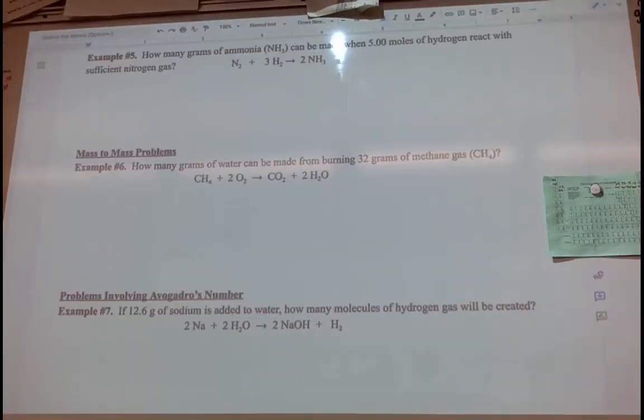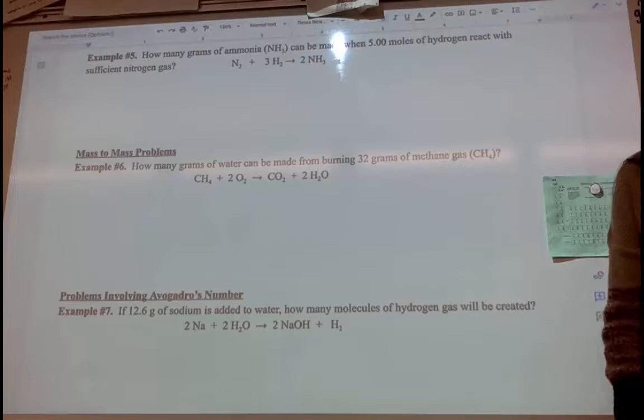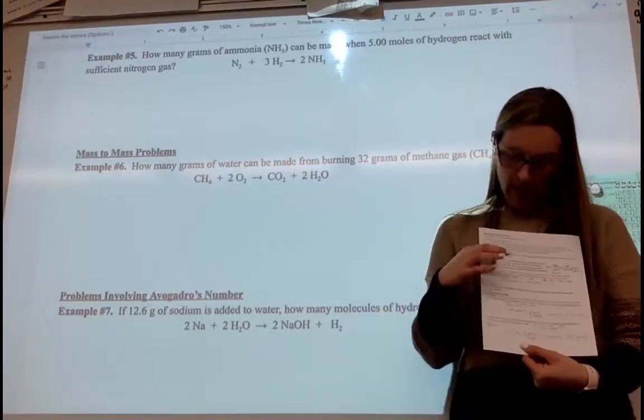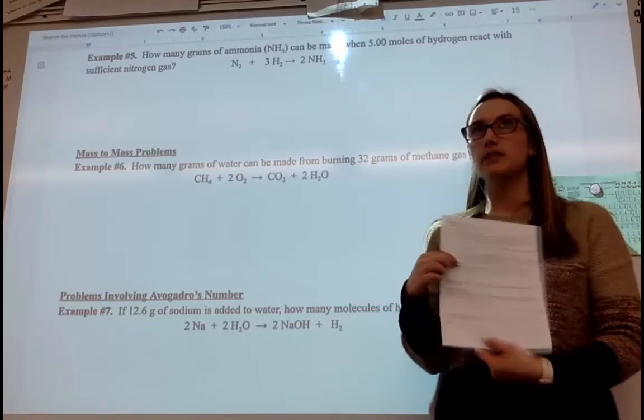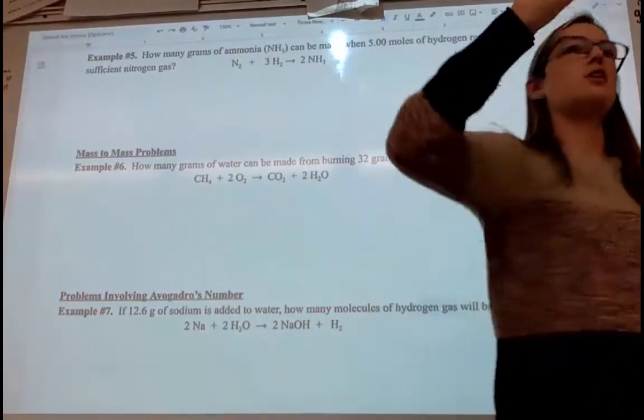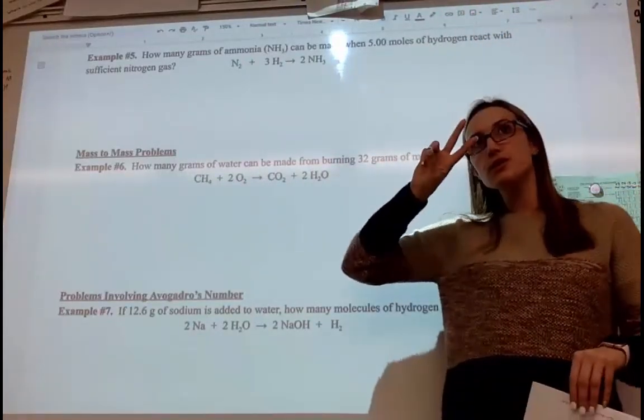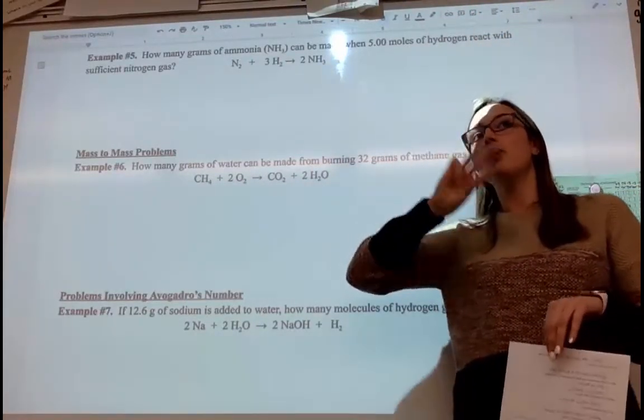So for example 5, as we go through these examples, remember we have 4 steps that we go through every time. The 4 steps are on the back of the first page of the discussion. We talked about this yesterday. The 4 steps are to make sure we have a balanced equation, make sure our given information is in moles, convert using the mole ratio.